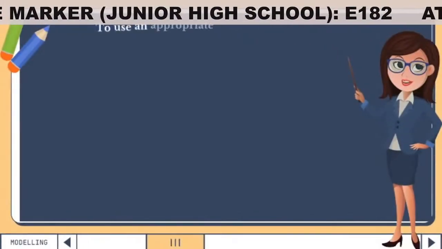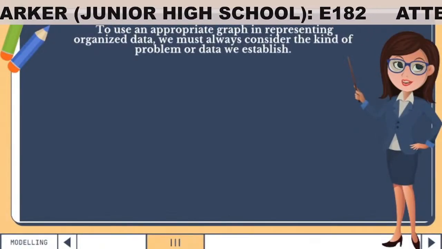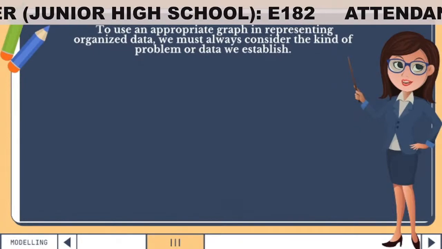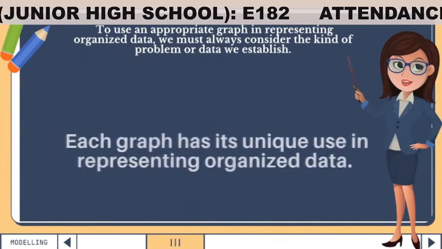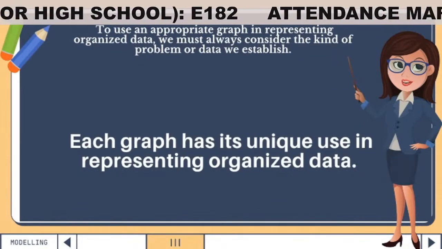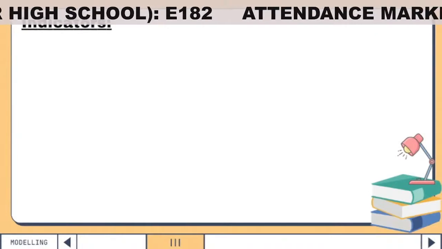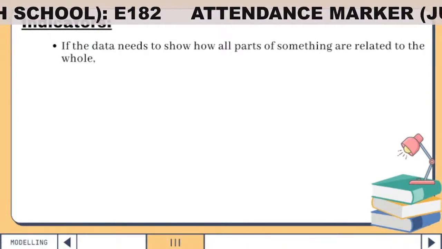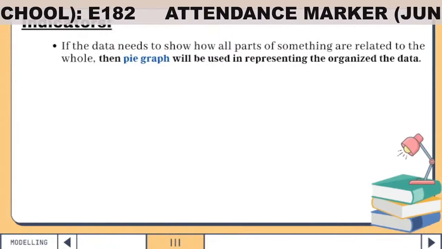To use an appropriate graph in representing organized data, we must always consider the kind of problem or data we established. Each graph has its unique use in representing organized data. Here are the indicators. If the data needs to show how all parts of something are related to the whole, then a pie graph will be used.